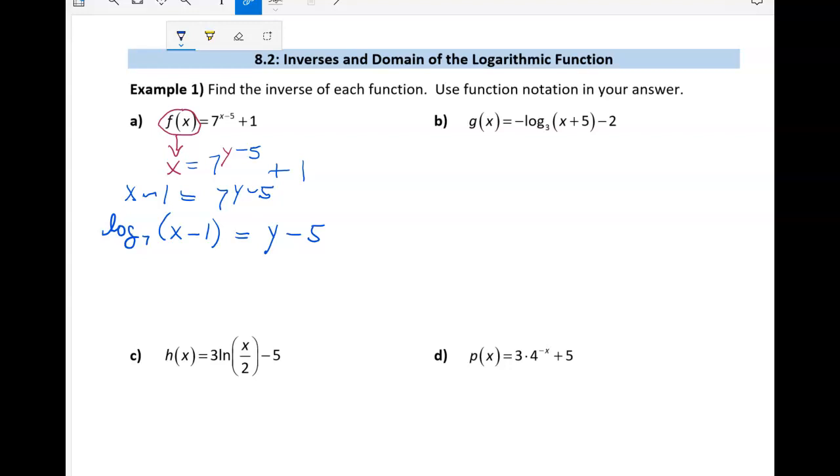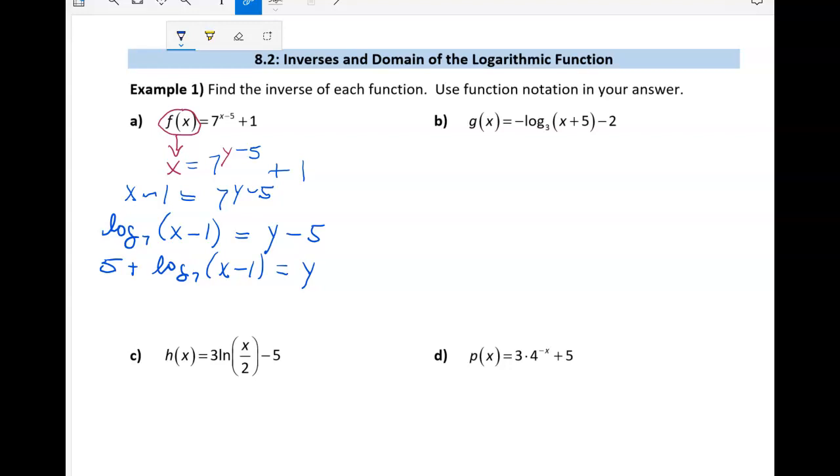Finally, one more thing to solve this for y, and that's to add 5 to both sides of the equation. So 5 plus log base 7 of x minus 1 is equal to y. You can write the plus 5 on either side of the logarithm. The important thing to remember is to put parentheses around the binomial x minus 1 so there's no confusion about what you're taking the log of.